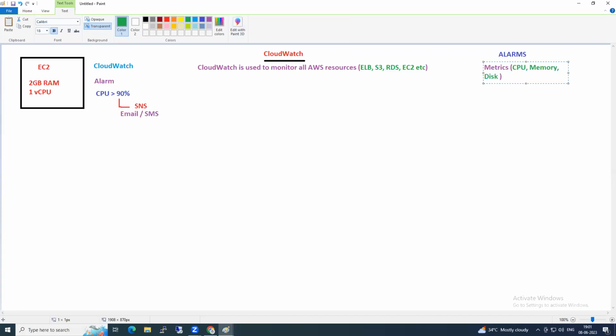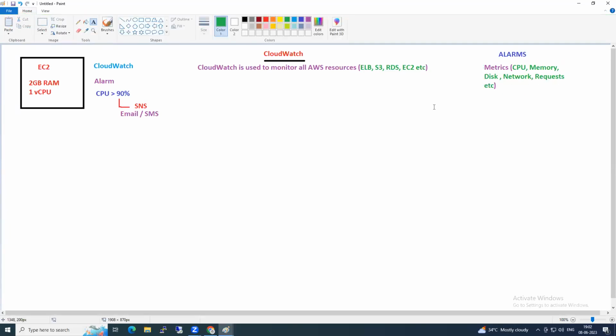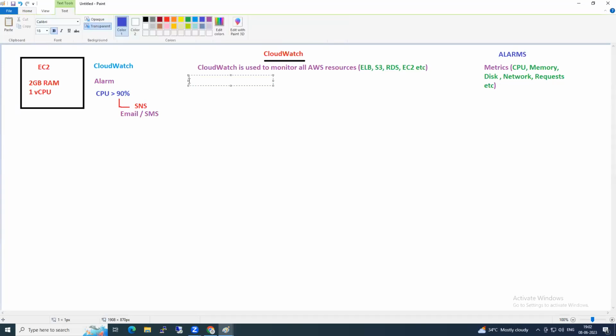You can check the disk status, the network status, the number of requests, etc. Based on these metrics, you can create alarms. So I'll write here: one alarm, one instance.